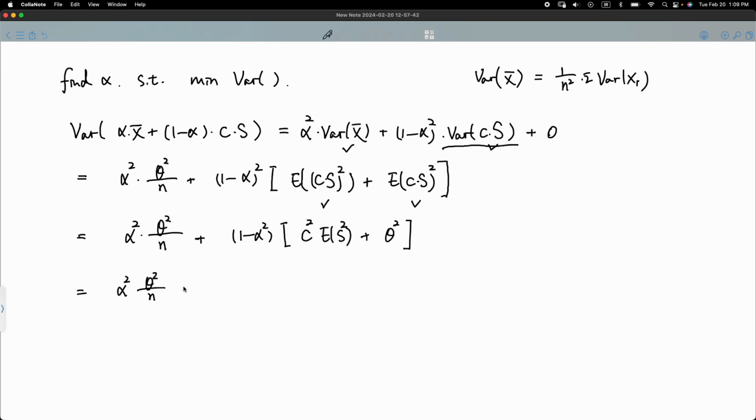Yeah, I'm thinking if there's a better way to address the expected of s square.